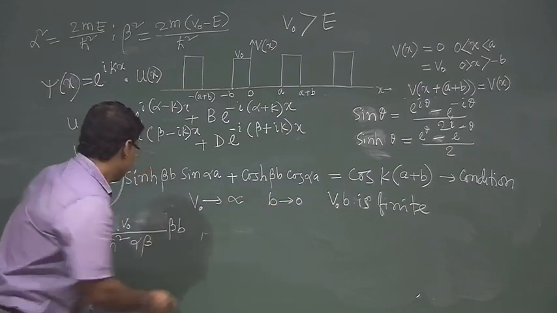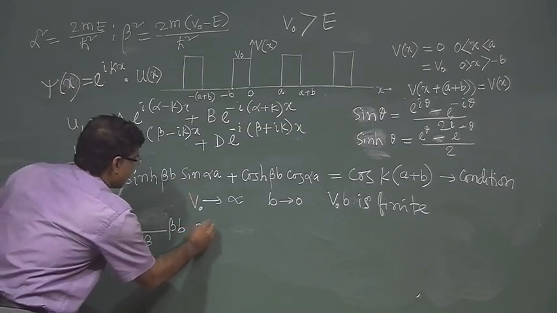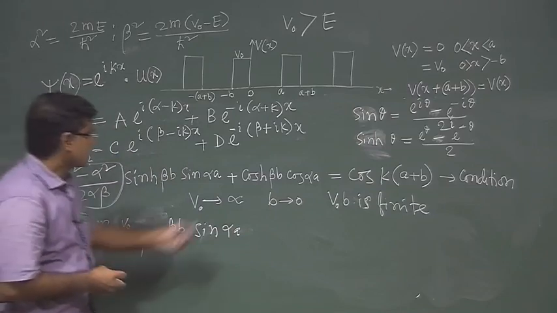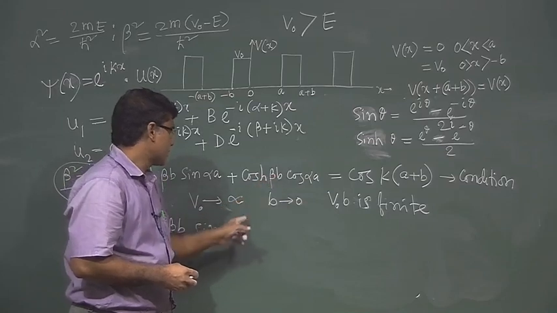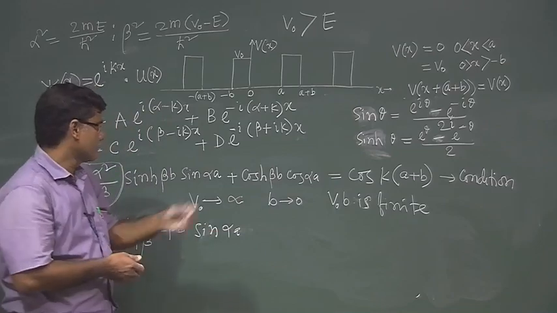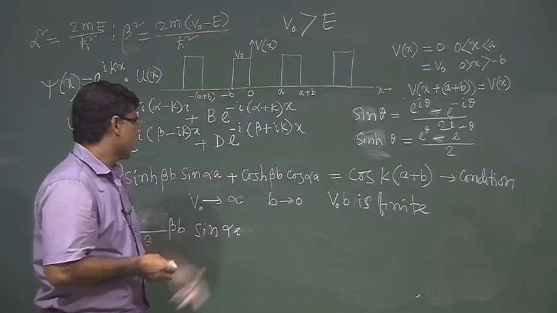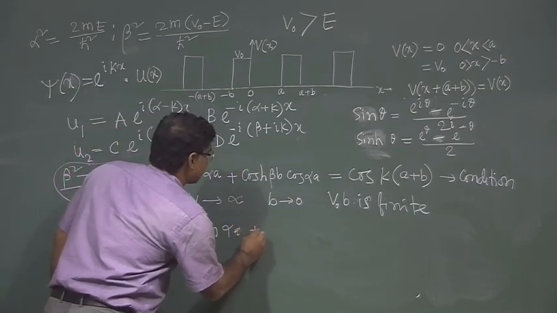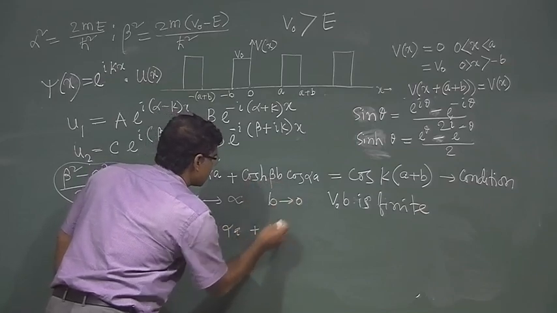Then I will get this, and then sin alpha a plus this, with beta b tends to 0, so cos of a small value can be written as 1.